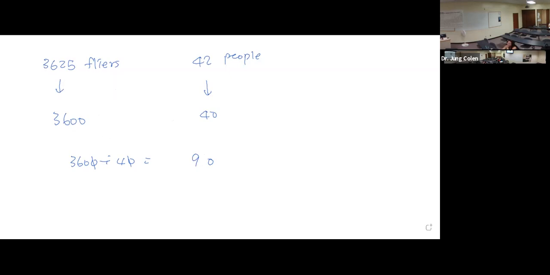Or maybe you can also think about changing this to 4,000 and changing this to 40. What happens this time? I increased the number of flyers and I decreased the divisor. Then what happens?